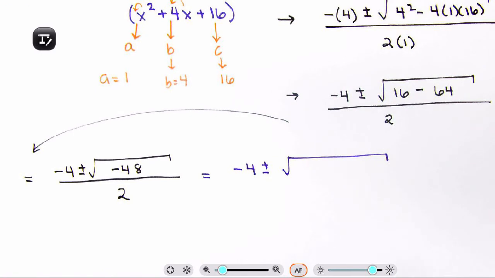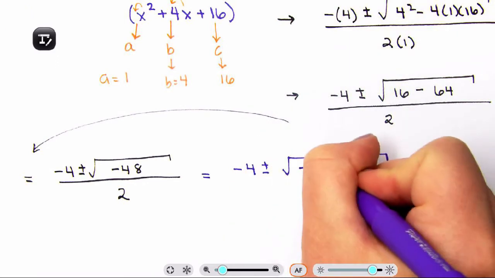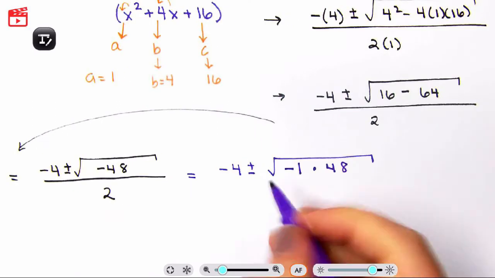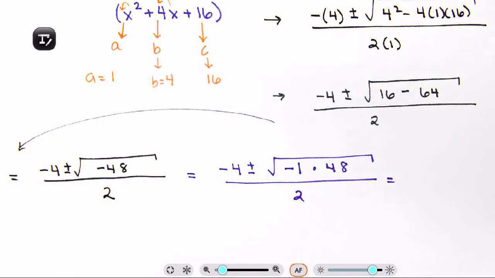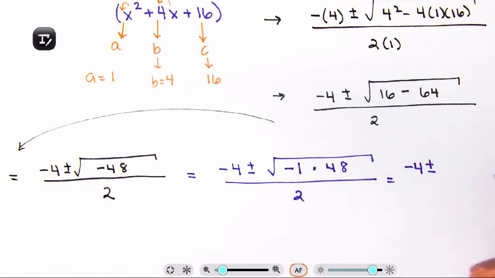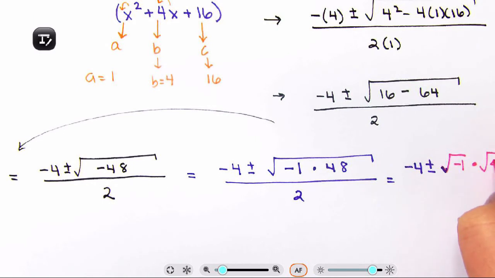I know that I'm going to have a negative 1 times 48. This here is the same thing as saying negative 4 plus or minus square root of negative 1 times the square root of 48.